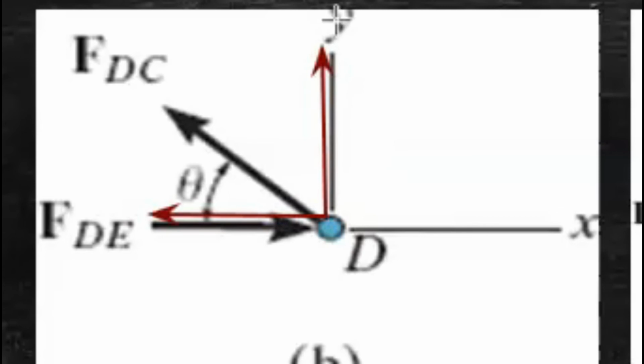And if FDC sin theta is 0, and we can see from the value of theta that sin theta is non-zero, then obviously FDC will be 0. And if FDC is 0, there will be no contribution of FDC in the horizontal direction as well. So we have found that FDC is a zero force member.